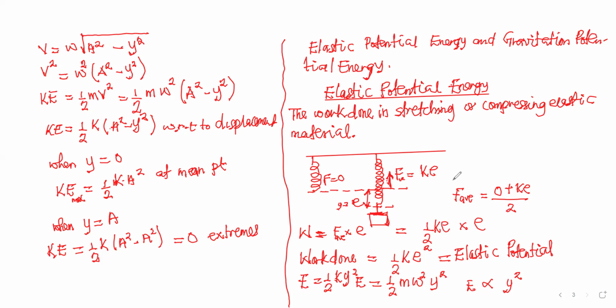That is why we have F average giving us 0 plus KE divided by 2, and that is equal to half KE. This is the average force. And since work done is force times distance, the average force times the distance moved by the load, which is the extension, that ushered us into this.